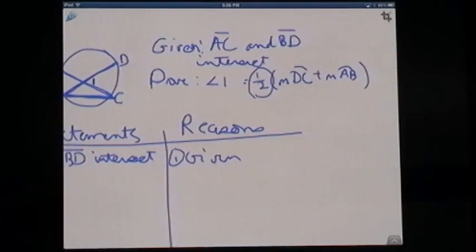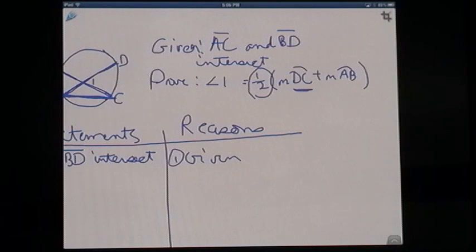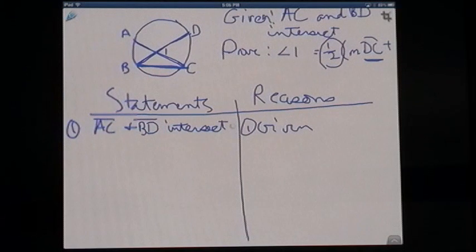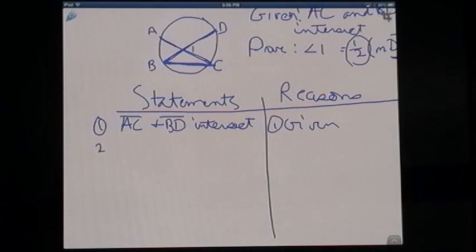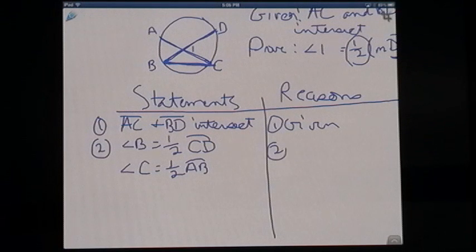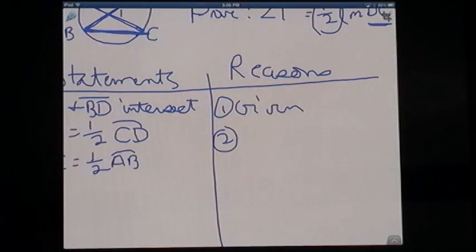Well, isn't that a coincidence, because we have arc DC mentioned right here and arc AB mentioned right there. Okay, so you can write down angle B equals 1/2 CD and angle C equals 1/2 of the arc AB. And you know that's true because it's the inscribed angle theorem.